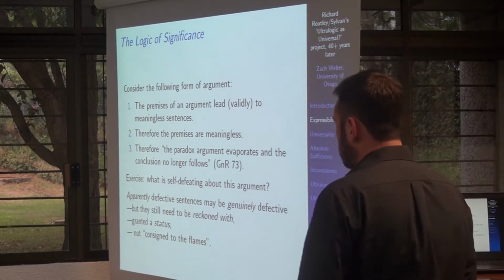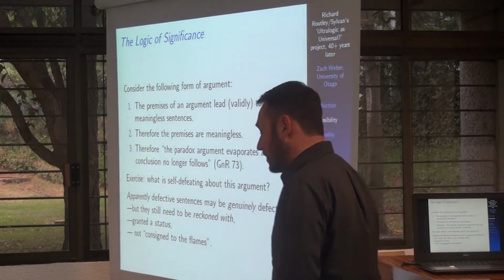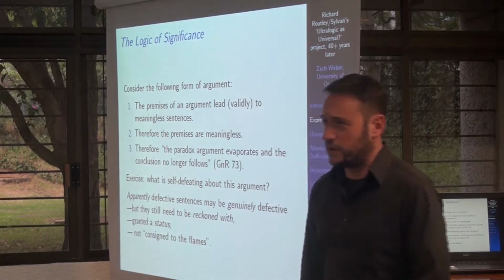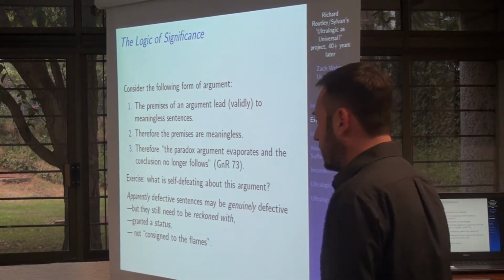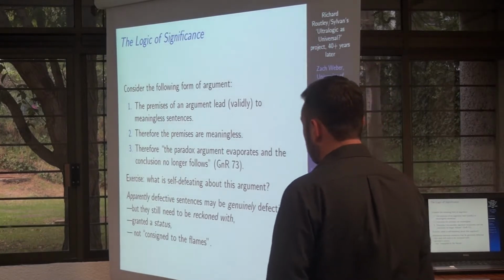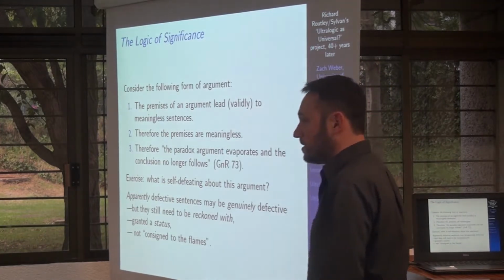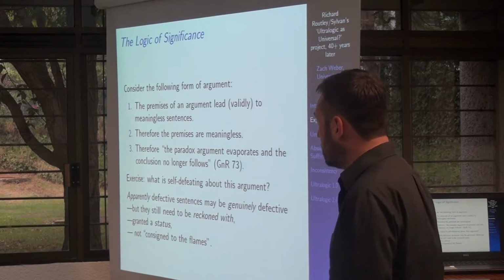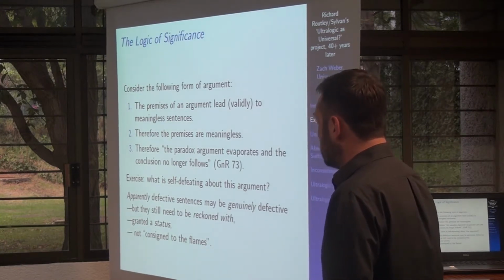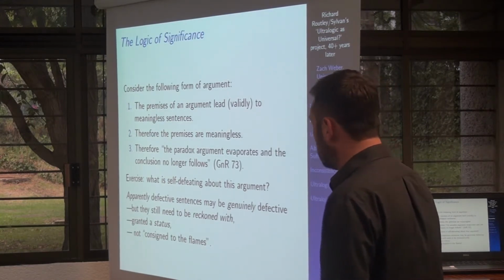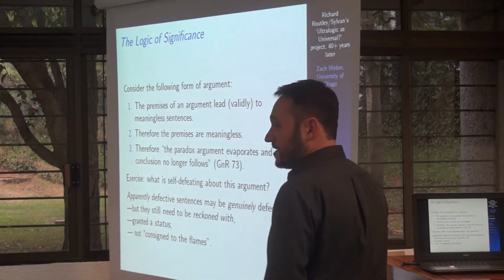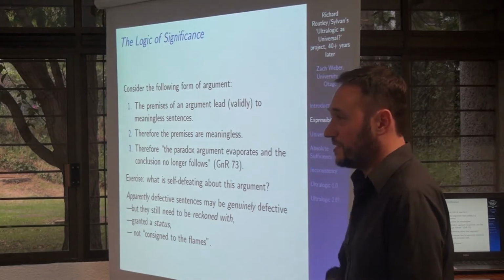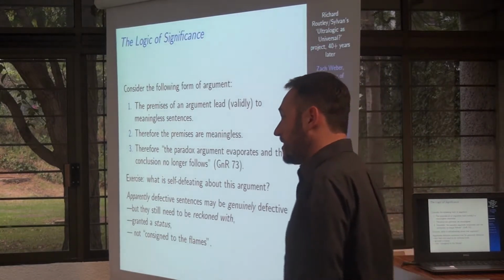Well, look, the premises, so you might be thinking here of something like the liar paradox or the Russell paradox, and your conservative philosopher says, don't worry about that, because look, the premises of an argument lead validly to a meaningless sentence, like the liar sentence. So since it led to meaninglessness, the premises must be meaningless. Well, so therefore the paradox, the argument simply evaporates and the conclusion no longer follows, right? Now we don't have to worry about these things anymore.